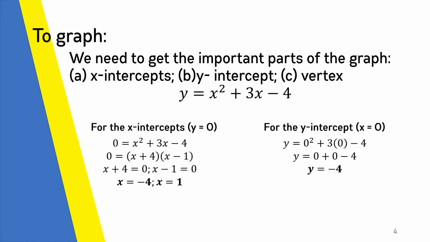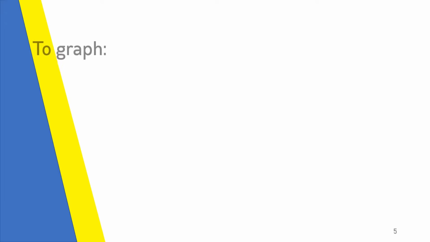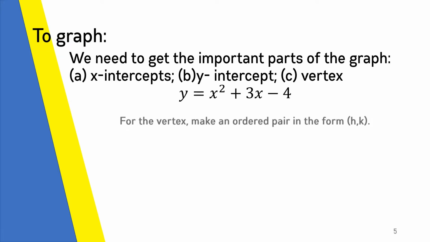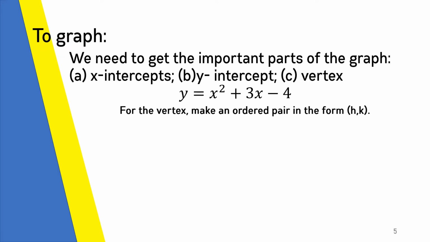Okay, we have already these x-intercepts and y-intercept. So let's find the vertex. To find the vertex, what we need to do is to make an ordered pair in the form (h, k). In the past lesson, we have already discussed the formula for h and k.